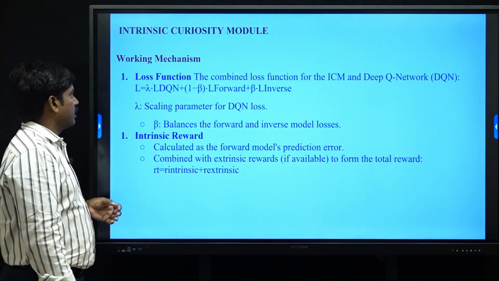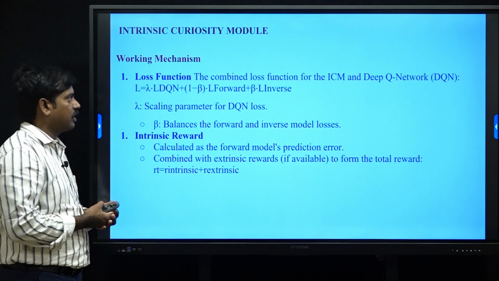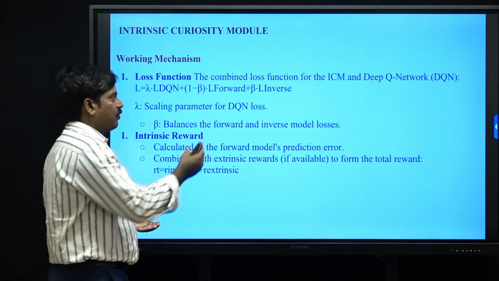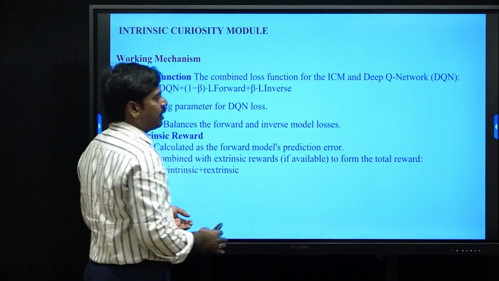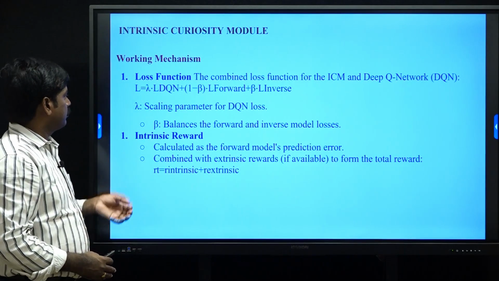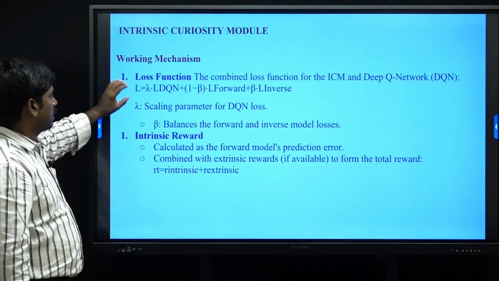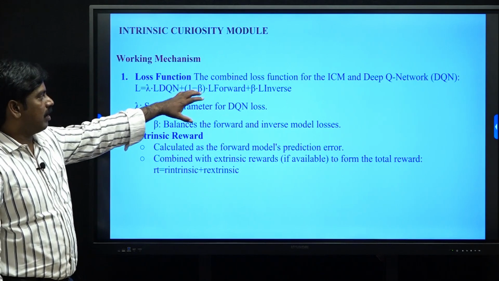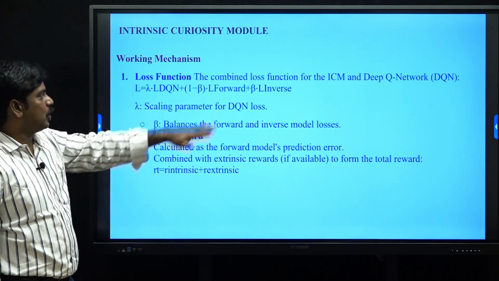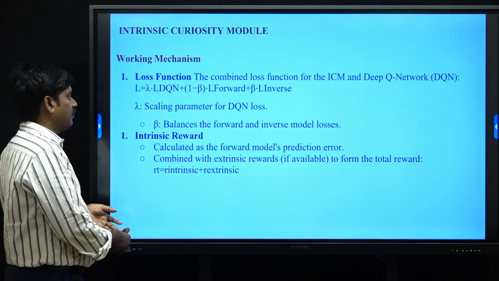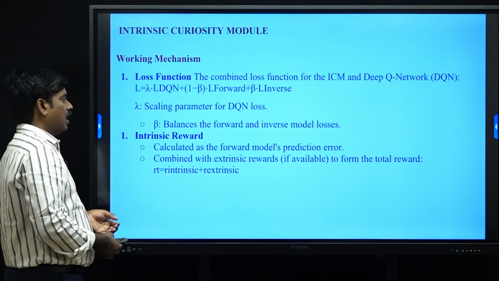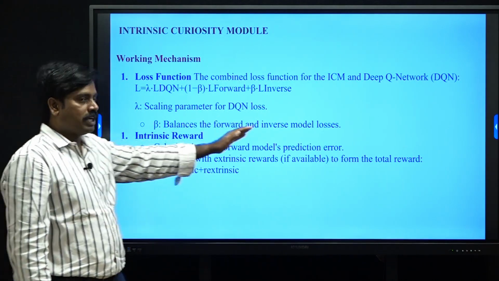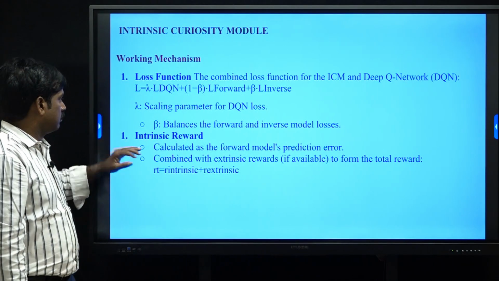The working mechanism: we have the combined loss function for the ICM and DQN. This is the formula combining both the ICM loss function and the DQN loss, where we have a scaling parameter for the DQN loss, and beta balances the forward and inverse model losses.